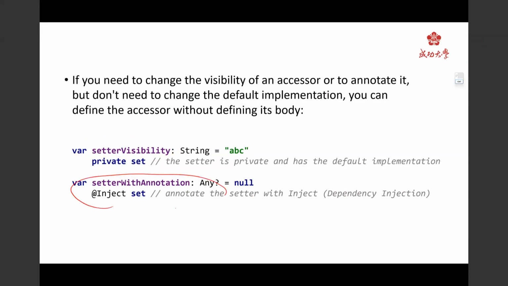The second example over here is a little more advanced. This annotation simply means a custom setter function for this property is provided from outside the object. This is called setter injection.